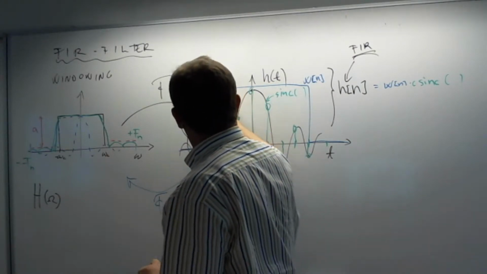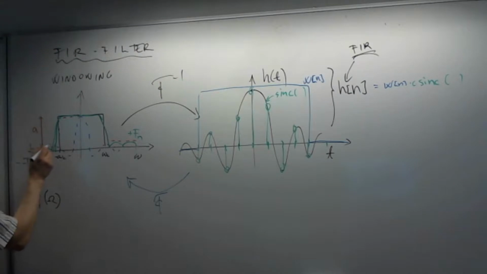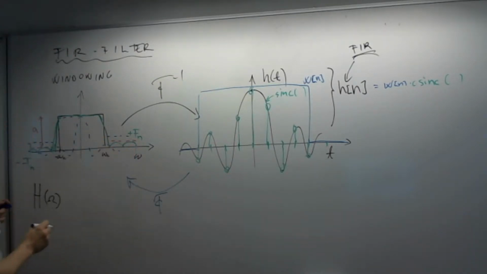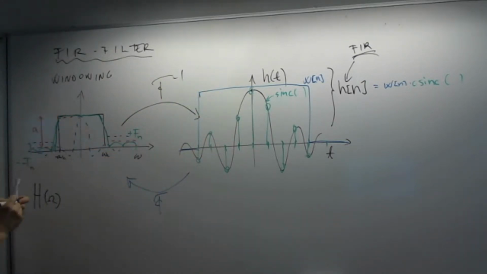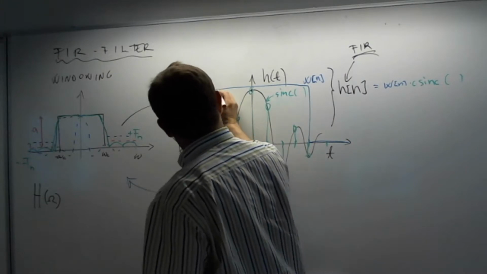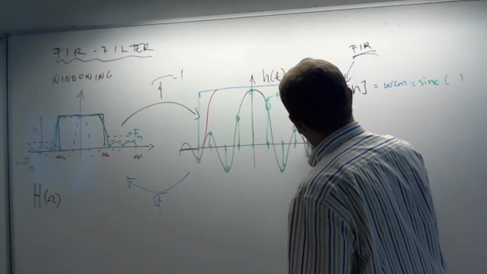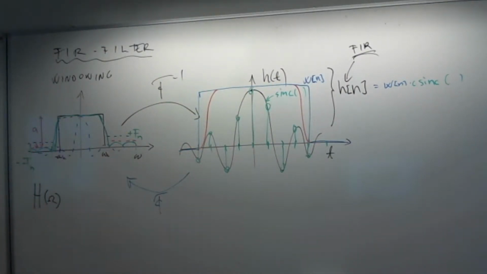For example, if your original stop band attenuation would be here for a sharp box, if you smooth the box somehow nicely like that, then you actually have more stop band attenuation.